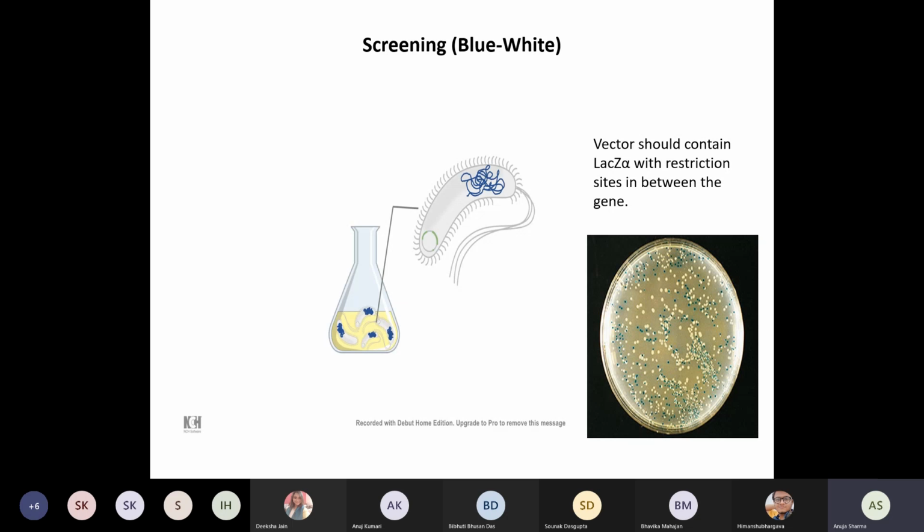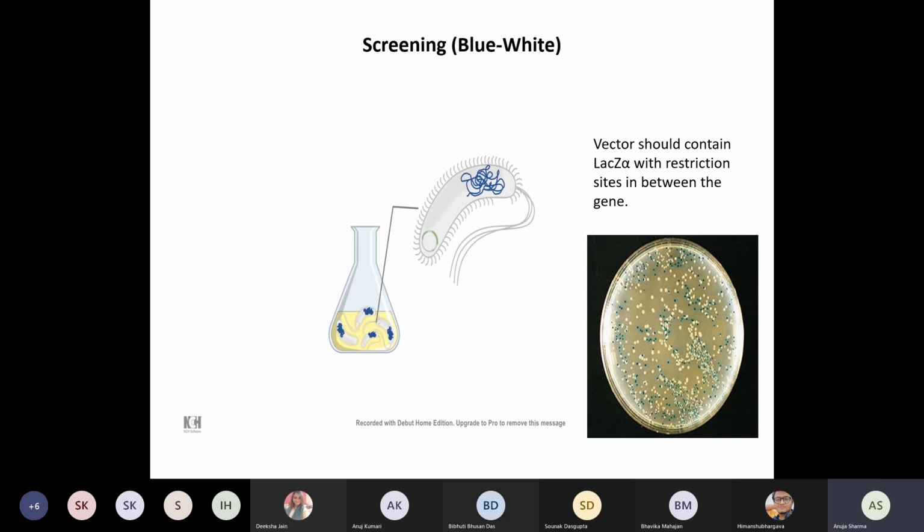Suppose you might get a plasmid which doesn't contain your recombinant DNA, but it will still show up as colonies, right? Because the bacteria is growing. But to check whether this particular bacterial colony has taken up the recombinant DNA, and is a positive colony, you need to screen it.